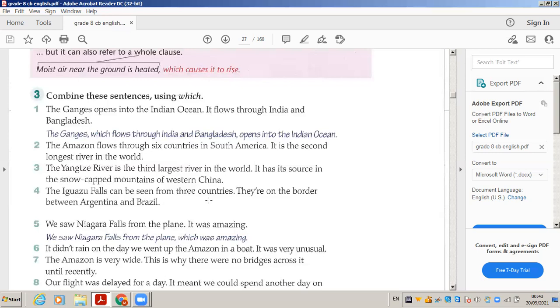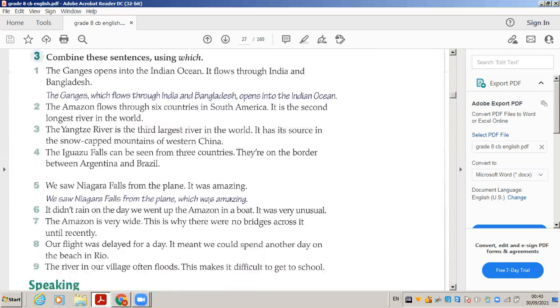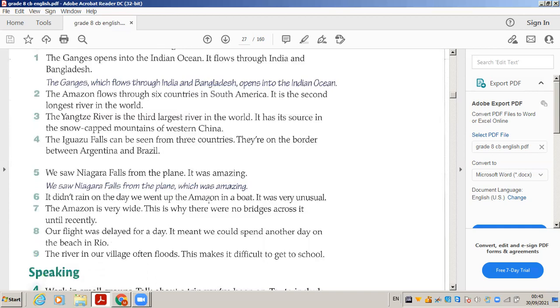Number 6. It didn't rain on the day we went up the Amazon in a boat. It was very unusual. So the answer, it didn't rain on the day we went up the Amazon in a boat, which was very unusual, and don't forget the comma before which.